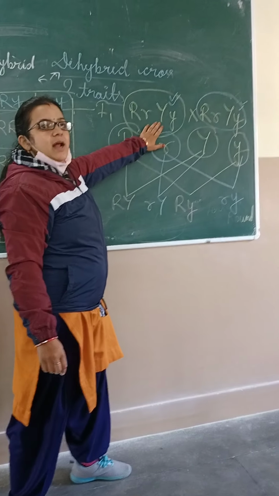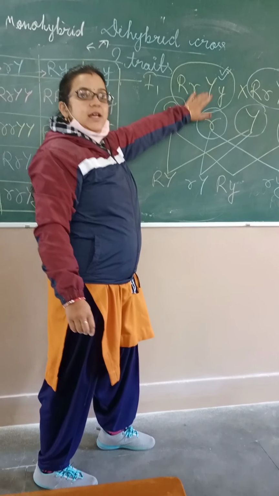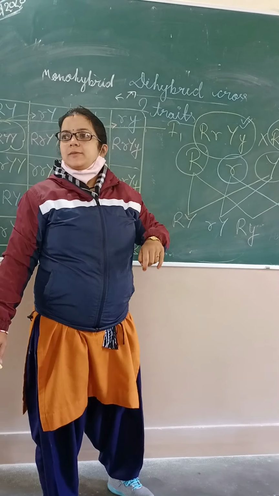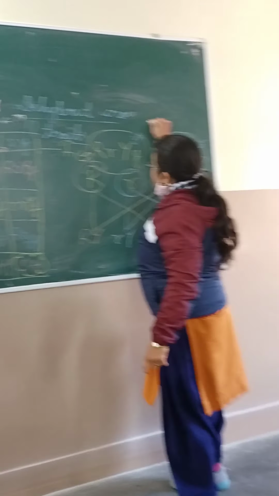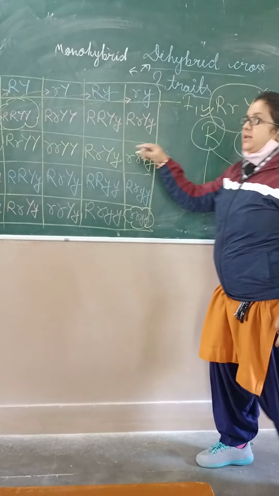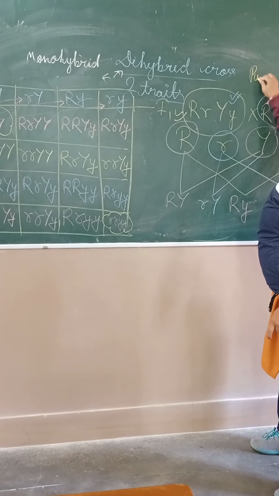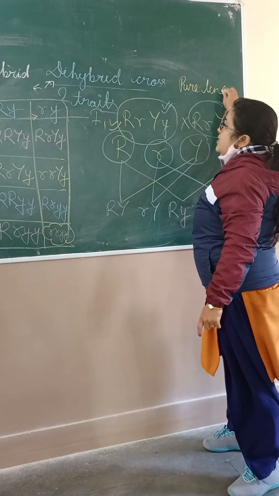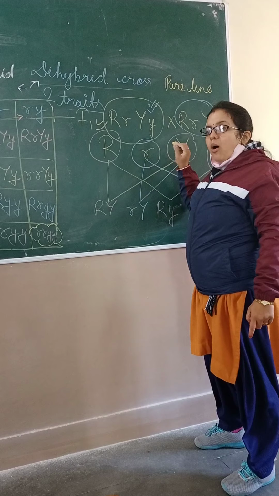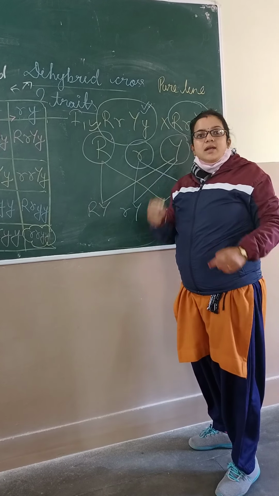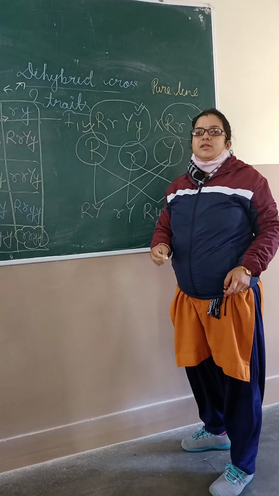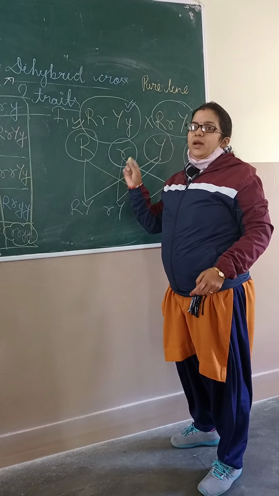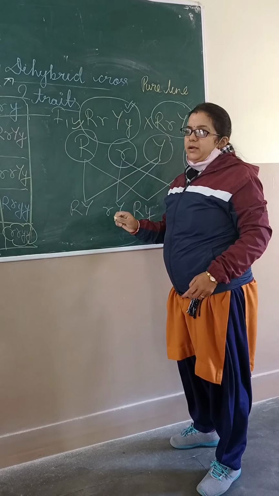Their parents are hybrid, but their grandparents are pure. Yes, the children are hybrid, but their grandparents are pure line. So this is what our law is saying. All characters are independent to show their characteristic in any generation. That is the law of independent assortment.